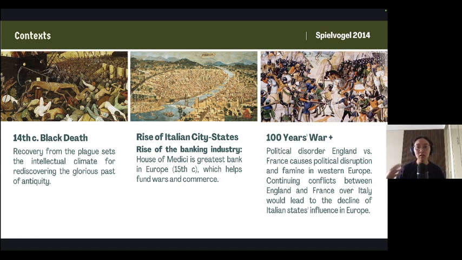So, continuing conflicts between England and France over Italy, because this war really expanded into different parts of Europe, would later lead to the decline of Italian states in Europe. So, these are just large contexts, so you can see how previous turning points are impacting the Renaissance era.